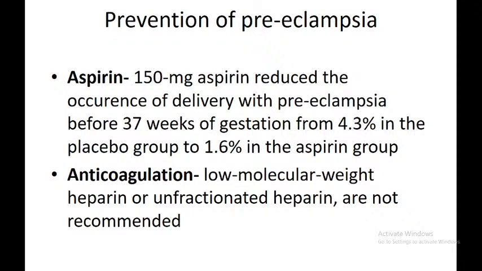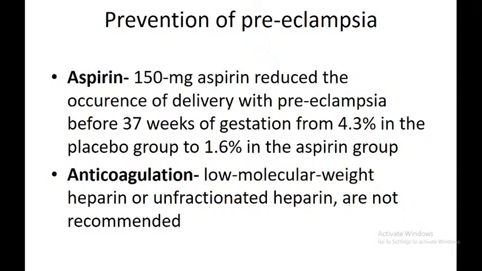So in women who were prescribed 150 milligrams of aspirin daily right from 12 weeks of gestation, the occurrence of preeclampsia has decreased from 4.3% to 1.6%.